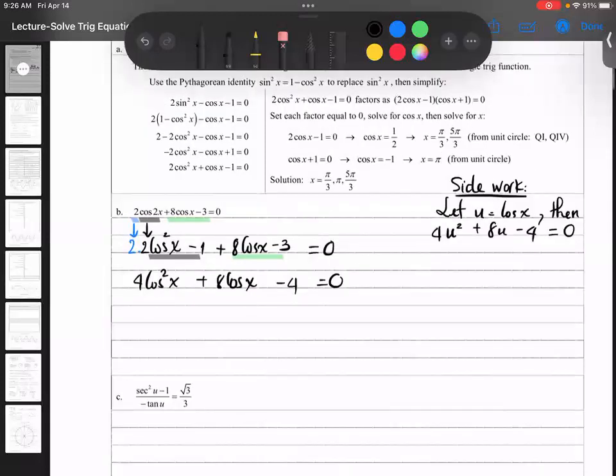But here I'm going to review factoring. So I want a product of negative 16, because A is 4 and C is negative 4, and the sum to be 8. Can you find 2 numbers that multiply to negative 16 and add up to 8?